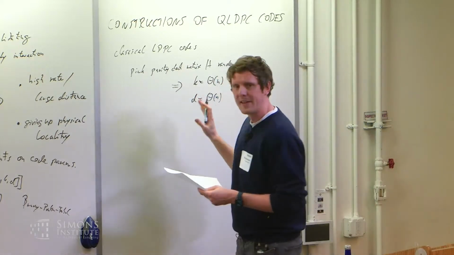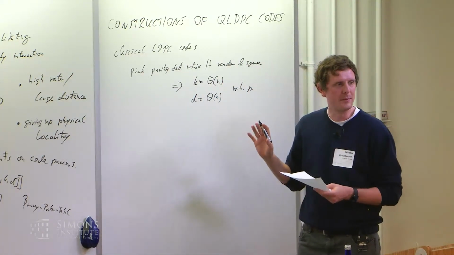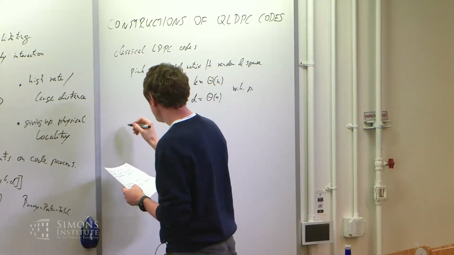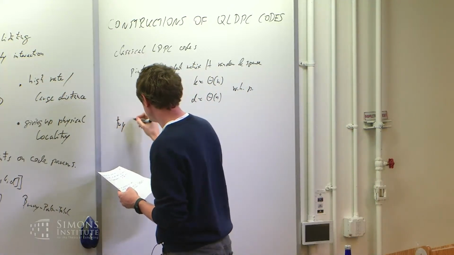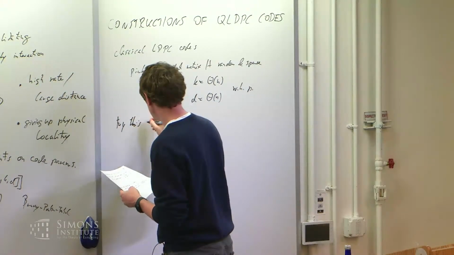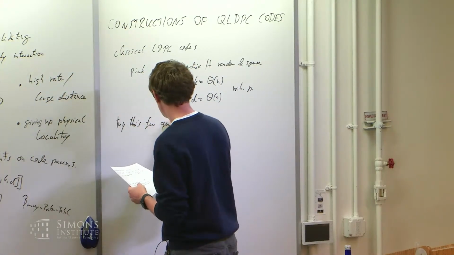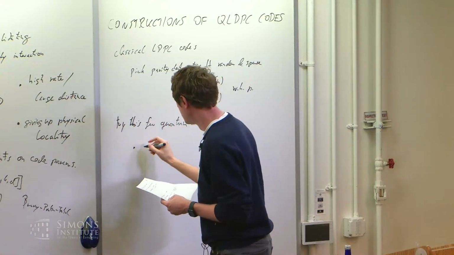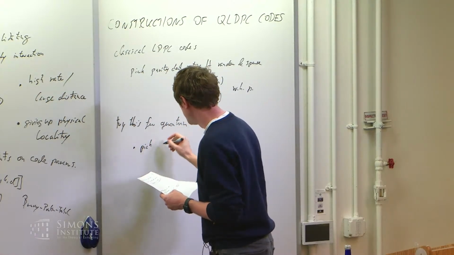So why don't we just do the same thing for quantum LDPC codes? Let's try this for quantum in a naive way. We just pick, let's say, HX at random.